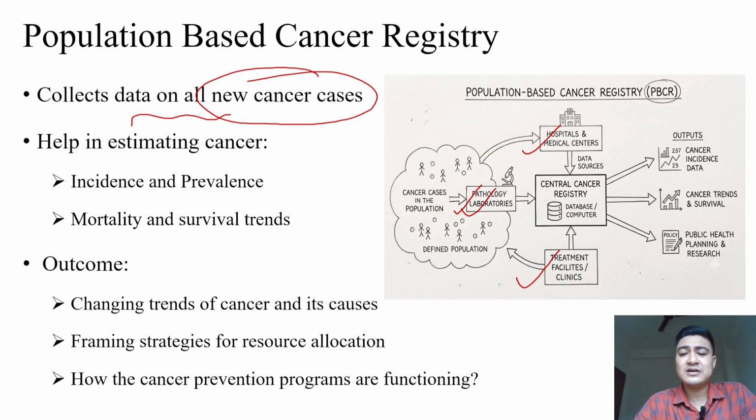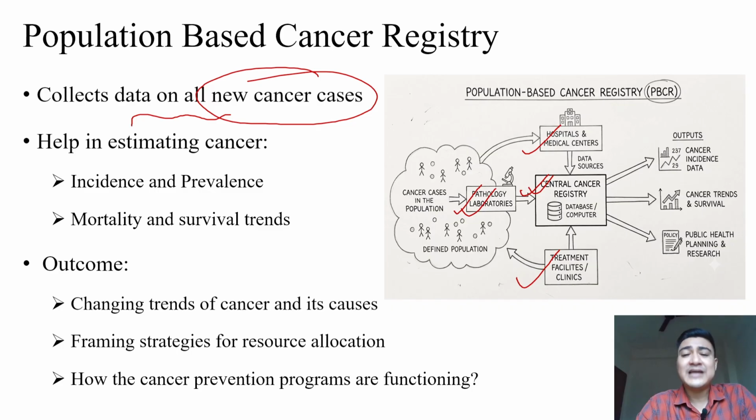So all such health facilities, when they suspect a particular cancer along with their reports, these patients' details are then compiled and collated in a central cancer registry in their database, and it is password protected in a computer. In this central cancer registry database, this information is being captured about the particular patient from the population. The main thing here we have to understand is that the complete postal address of the particular patient is being recorded for further evaluation and revision.